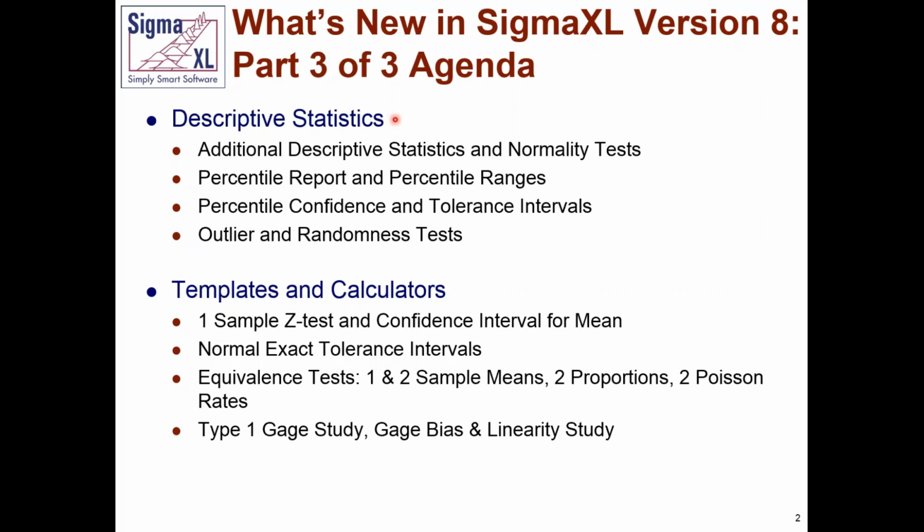Under templates and calculators, we have the one sample z-test and confidence interval for mean, the normal exact tolerance intervals, the equivalence tests, one sample, two sample for means, two proportions, and two Poisson rates. Also the gauge, type 1 gauge study and gauge bias and linearity study.